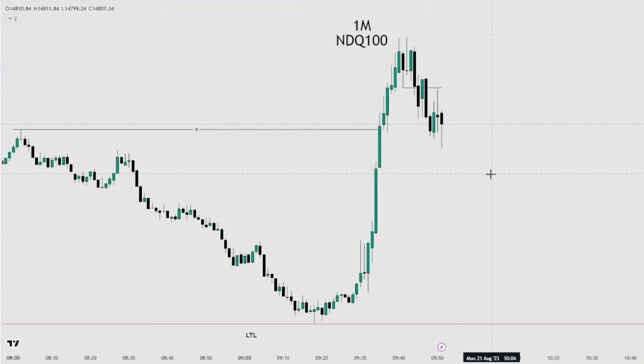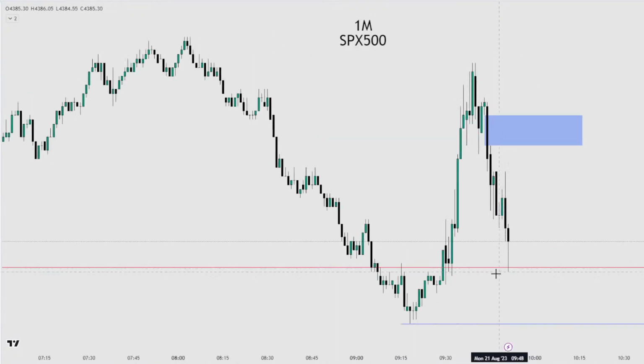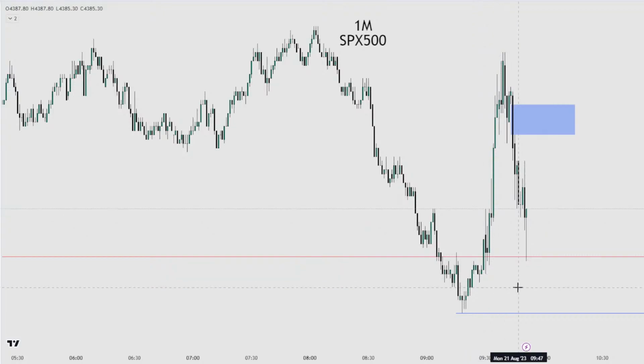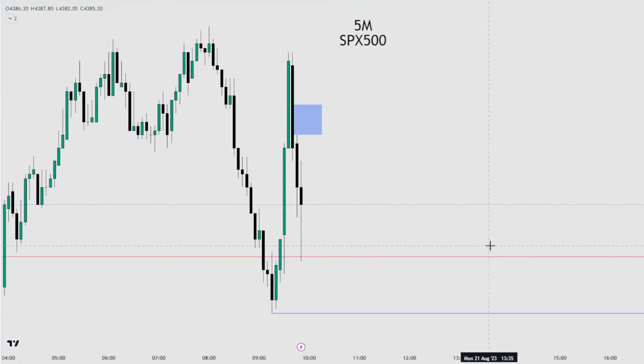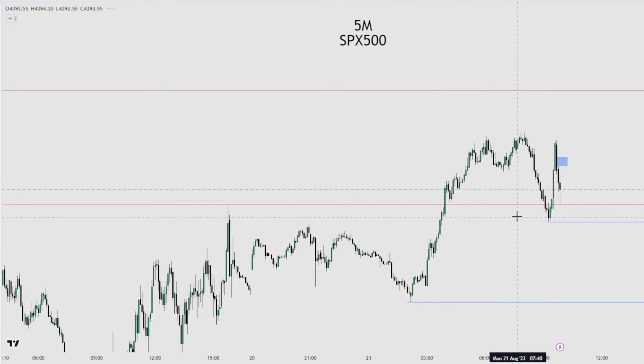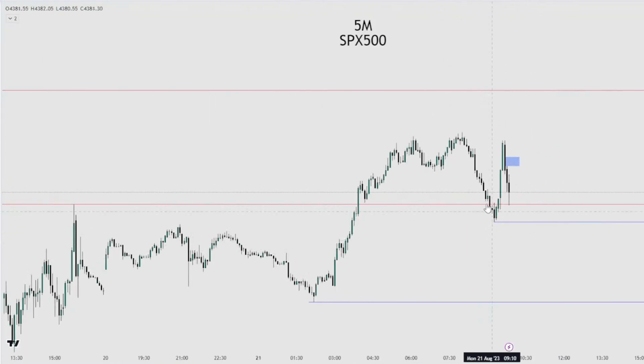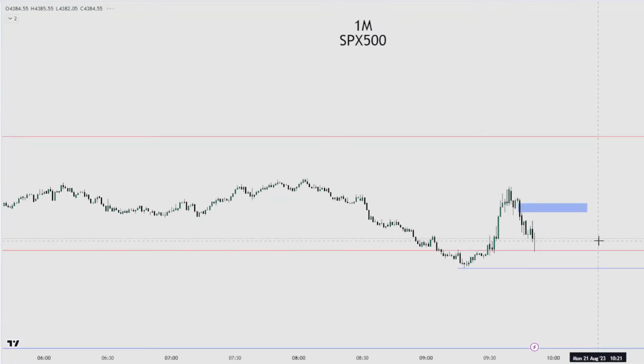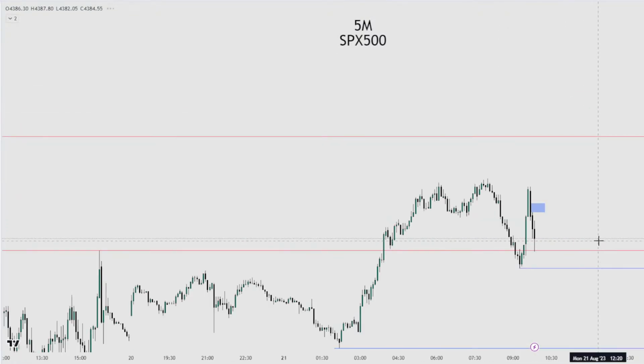Yep, some little displacement, but still not a lot. Since this is a long-term low as well in the 5 minute, I would not consider this being taken. I would like to see this respected. So a bullish setup from here. A bullish setup.